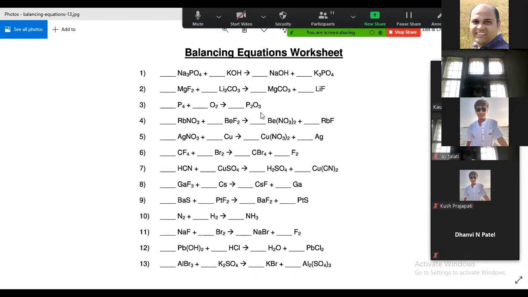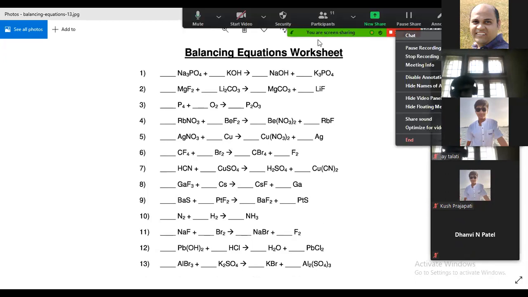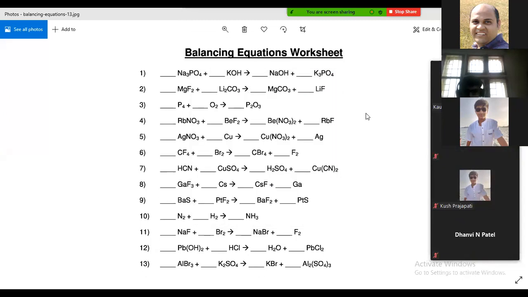Right? This given equation does not mention anything about the physical state, so we will not worry about that part. But balancing the atoms, come on, try it. You can try it on your own. Where will you start? What will you start with?